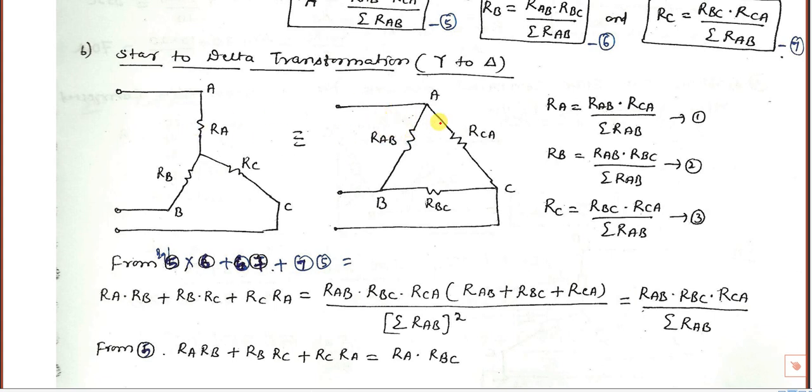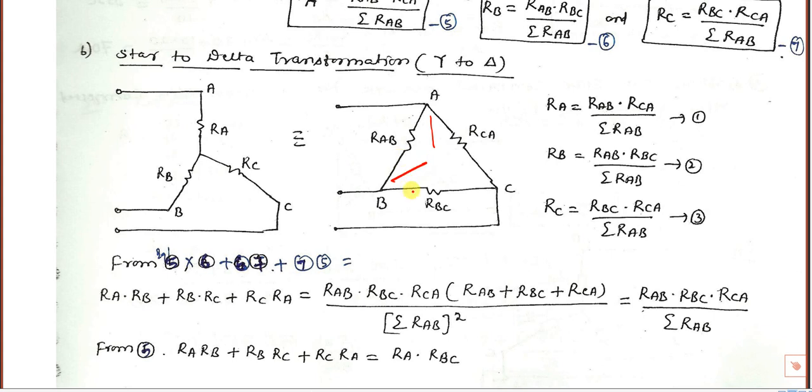We know that in delta to star conversion, RA is the product of adjacent. RA is here, so RA is the product of these two: RAB into RCA divided by the sum of all. That is equation number 1.